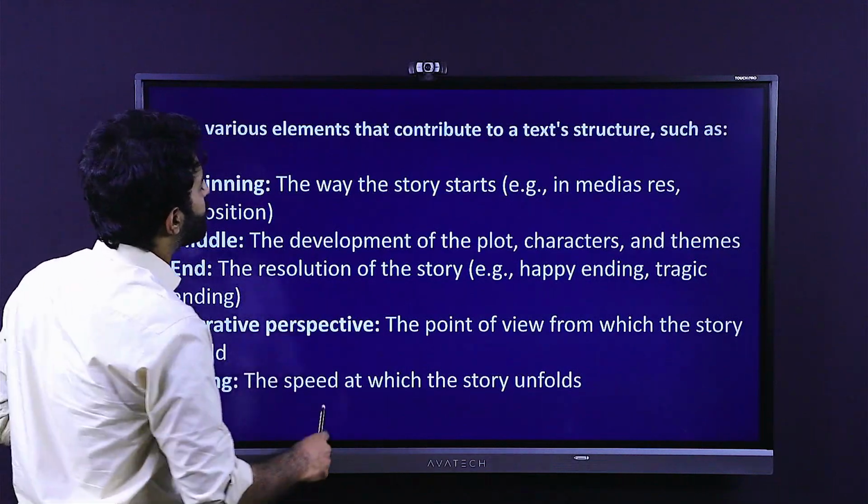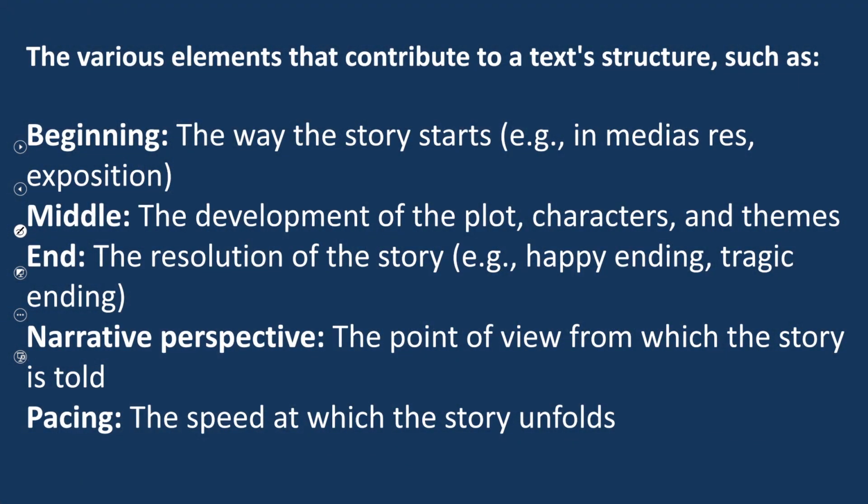The various elements that contribute to a text structure, such as we have a beginning. Now, the beginning, the very starting point, is the way the story starts. For example, the story can start by introducing everything, the characters and their intentions and purposes, and the main idea or the theme.